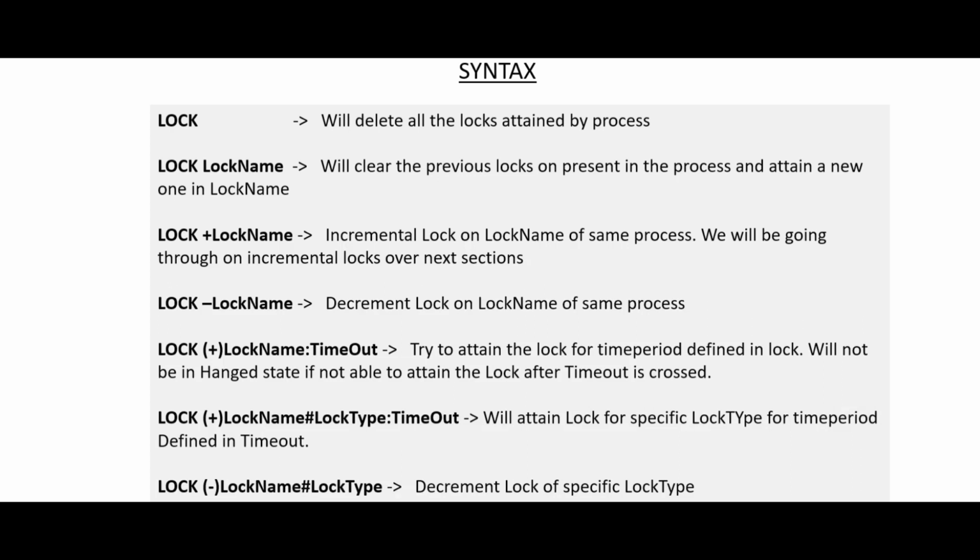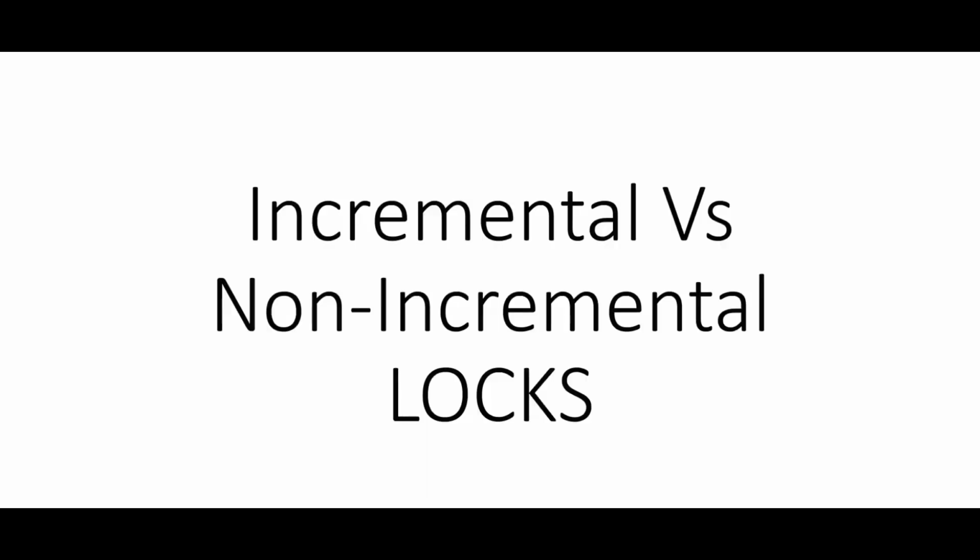LOCK space lock name hash lock type colon timeout will attain a lock on a specific lock type for the time period defined in the timeout. We will be discussing lock type in the further sections. LOCK space minus lock name hash lock type decrements the lock of a specific lock type.